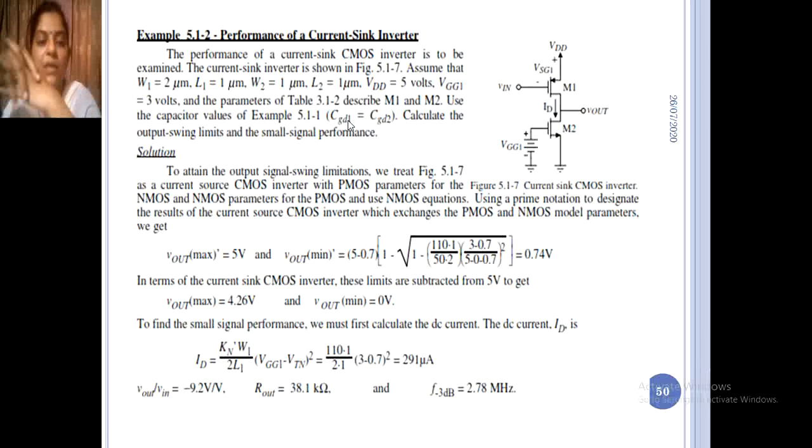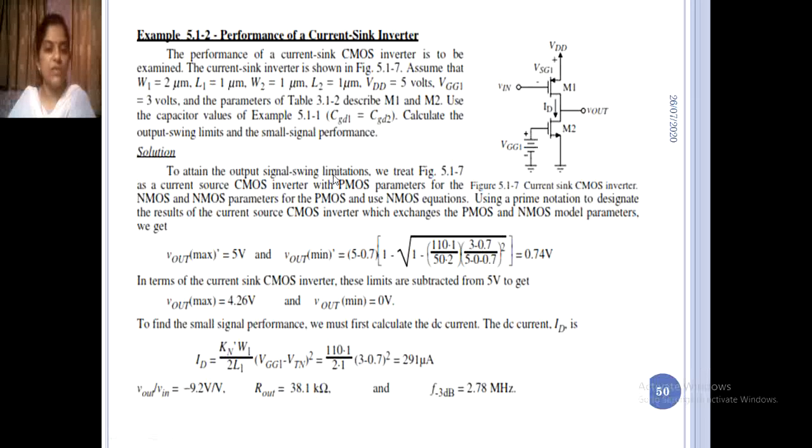Use the capacitor values of the example, CDL is equal to CGL2. So calculate the output swing limits and the small signal models. Have you seen this circuit diagram? Then let us see the solution.